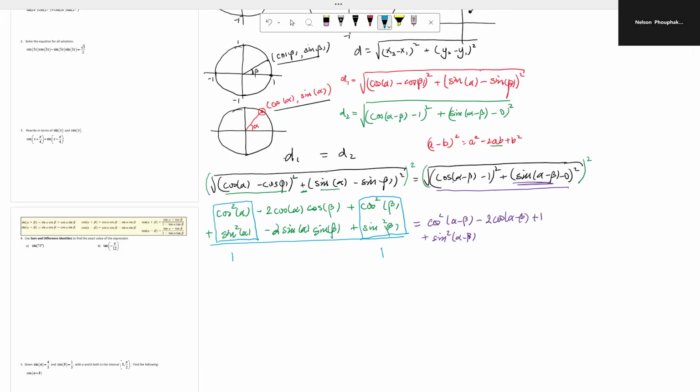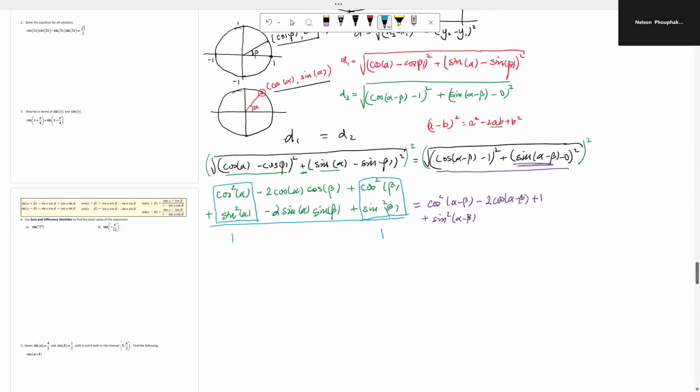That means in this case right here, we will have negative 2 cosine alpha cosine beta minus 2 times sine alpha sine beta, and then plus 2, right?